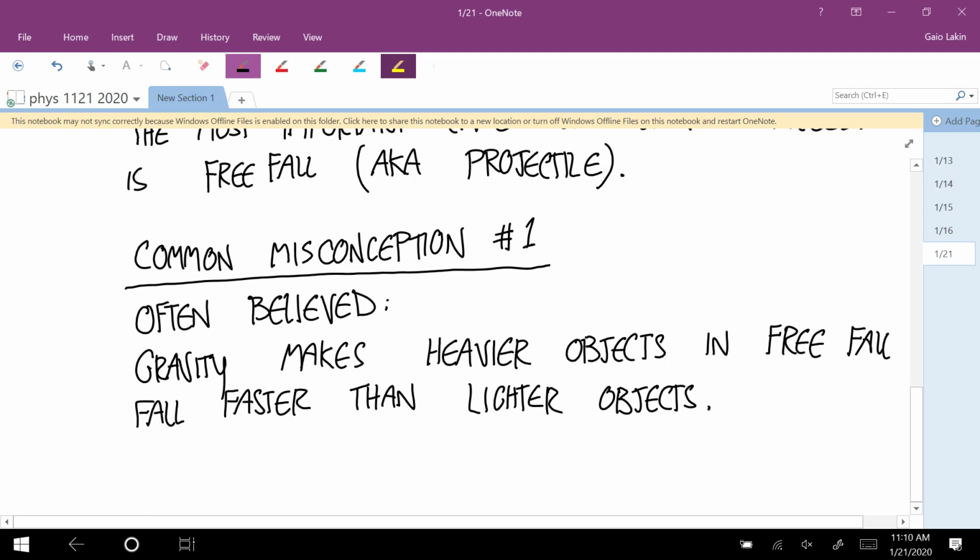This was actually believed by some of the most important thinkers and scientists in the world until about the 18th century, 1700s, late 1600s.